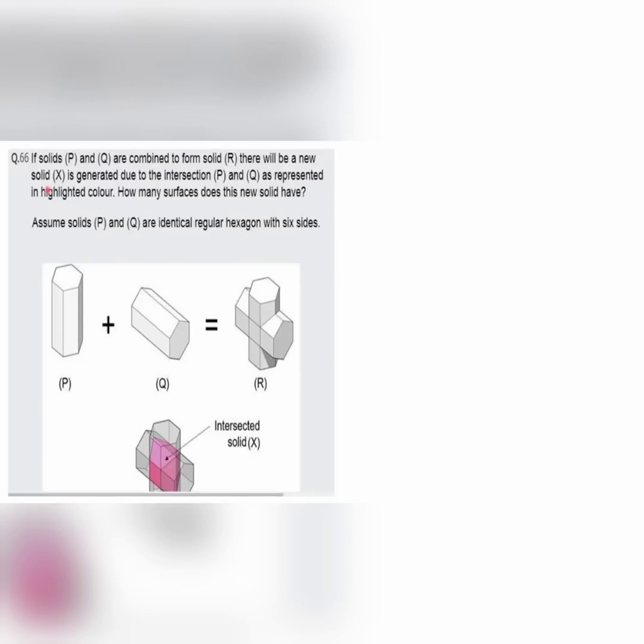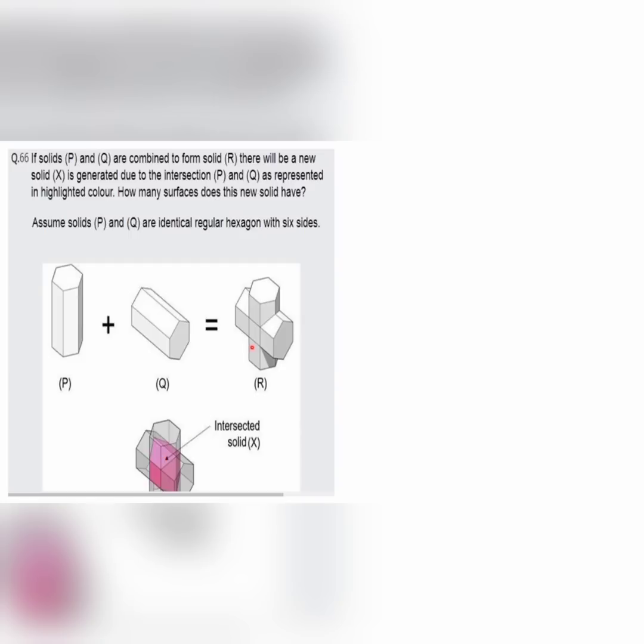Now we have the next question. If P and Q are combined to form solid R, there will be a new solid X generated due to the intersection of P and Q, as represented in the highlighted pink color. How many surfaces does this new solid have?